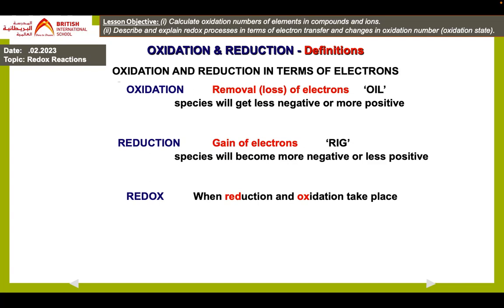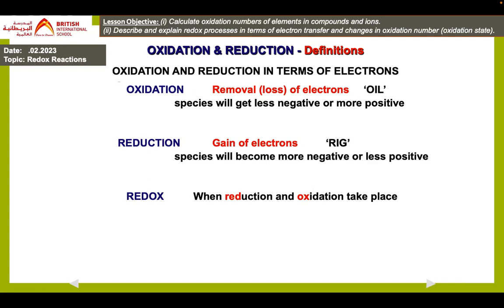But when reduction and oxidation both take place in one reaction, we call it a redox reaction. A redox reaction is one in which you can see reduction and oxidation both. One is getting oxidized and the other is getting reduced in the same reaction.